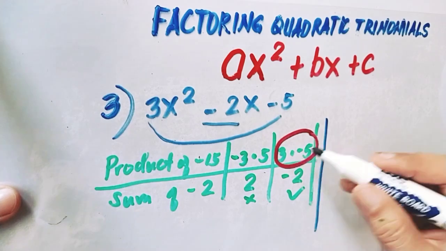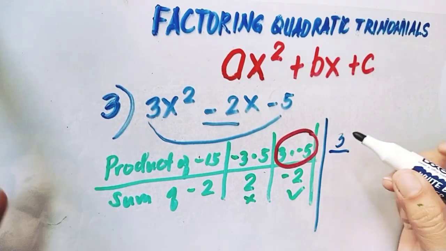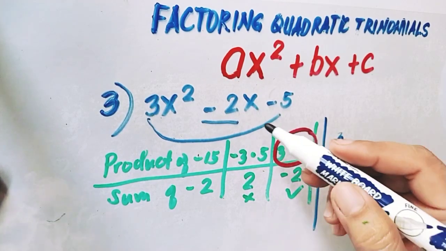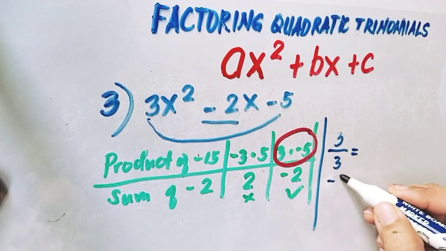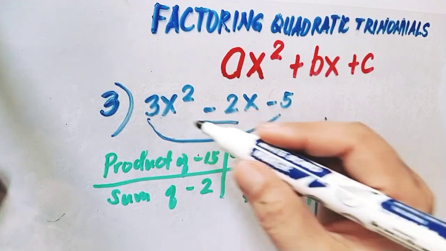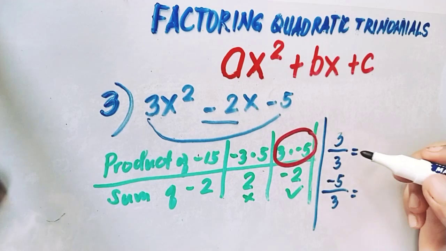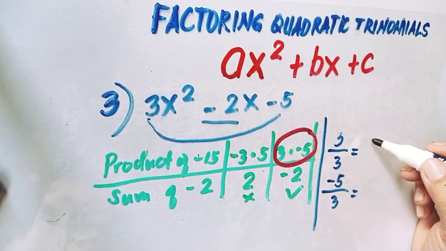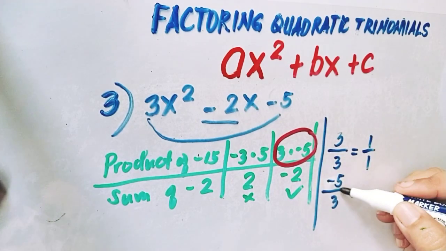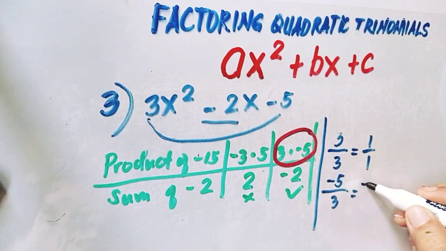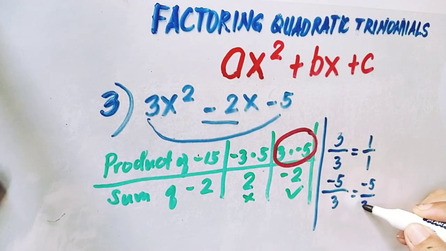So our factors: 3 divided by the coefficient of x squared, which is 3, and negative 5 divided by the coefficient of x squared, which is 3. Then change to lowest term. The lowest term here is 1 over 1. And this one cannot be simplified, so remain negative 5 over 3.